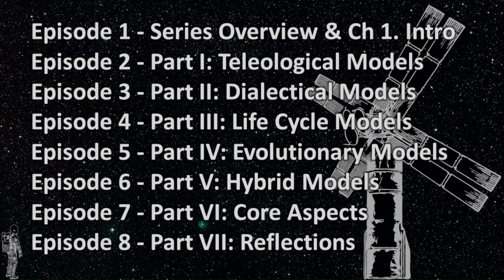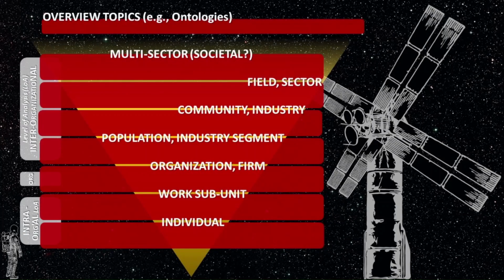An important concept I want to make sure you understand at the outset is the way social systems are comprised of embedded hierarchies of different levels. The lowest level is the individual. Multiple individuals make up the next level, work subunits. Multiple work subunits combine to form organizations.